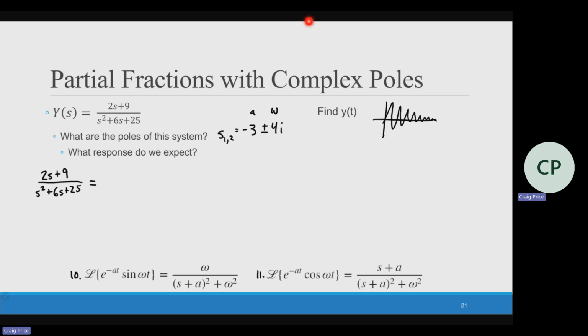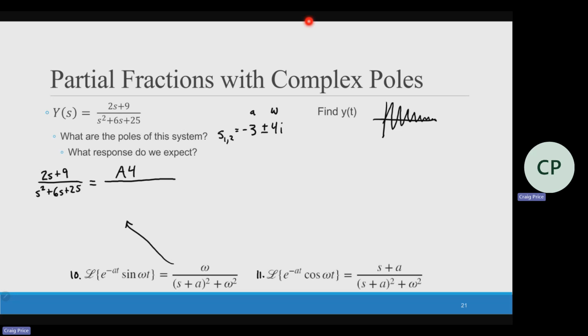So if a is equal to -3 and omega is equal to 4, let's set up our equation here. Omega is equal to 4, so there's going to be a 4 up here. I'm going to use this one over here. So I have some kind of constant times omega, which is 4, based on the roots.